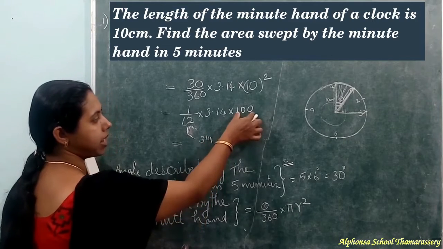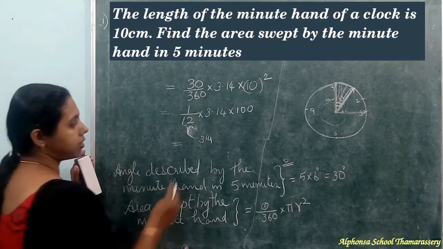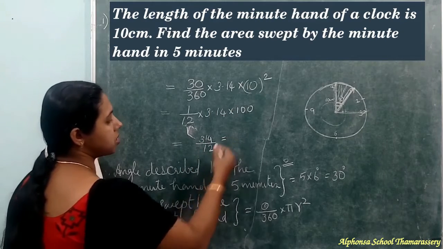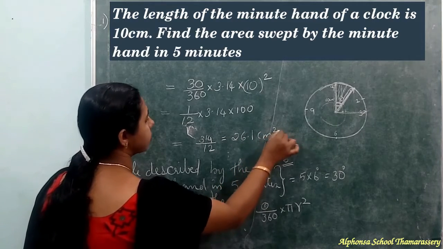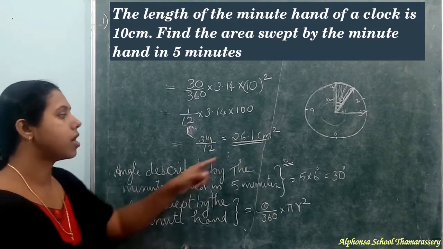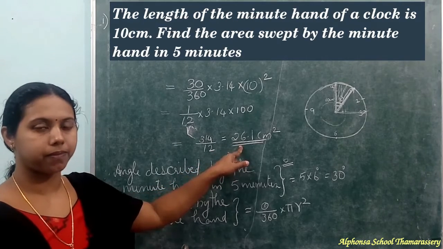If you multiply by 100, the decimal place will move to the right side. So 314 divided by 12 is equal to 26.1 centimeter square. So the area swept by the minute hand in 5 minutes is equal to 26.1 centimeter square.